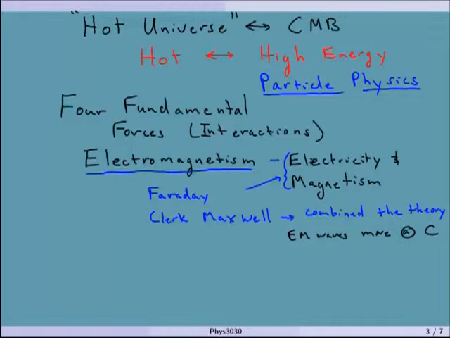And it was when the theory showed that electromagnetic waves moved at the speed of light that it was realized that light is electromagnetic waves. That was the real connection there. And this is really referred to as one of the first unifications. So these guys were unified. And so this is one of the first unifications of forces.